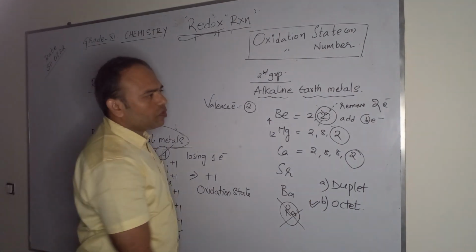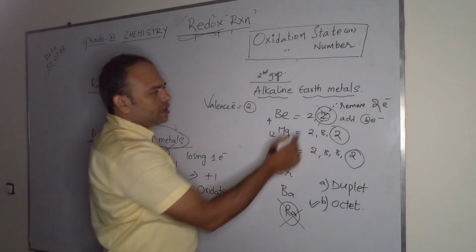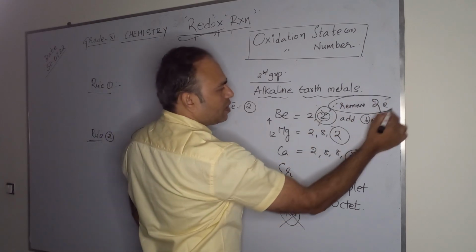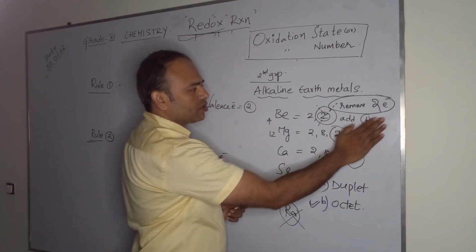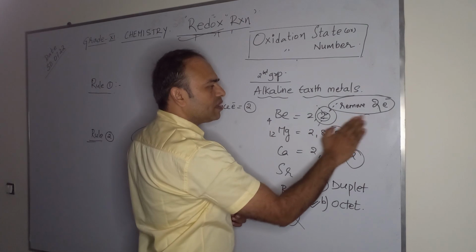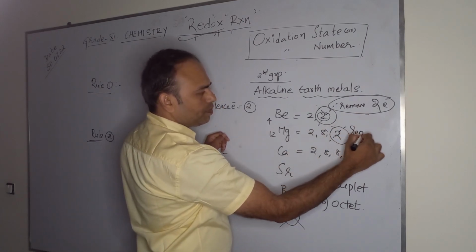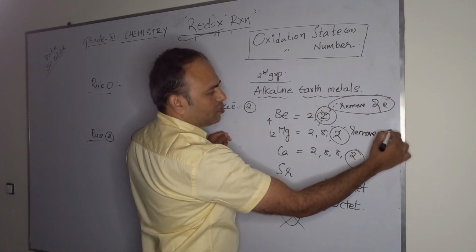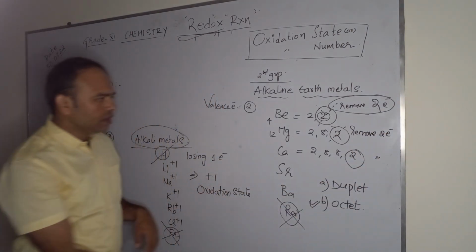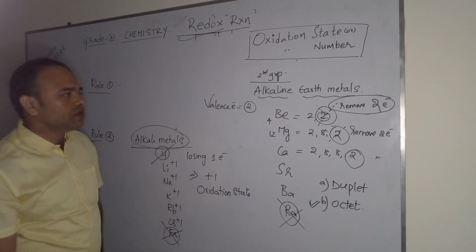Of these two, which is easy for us? Here the removal of 2 electrons is easy. So let us not go for the other option. In all the cases, I will remove 2 electrons. So let us see what will happen if you remove 2 electrons.